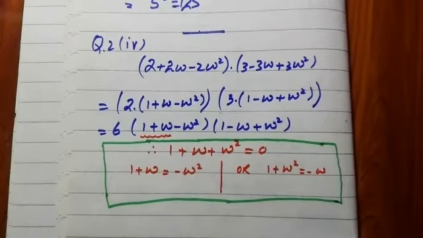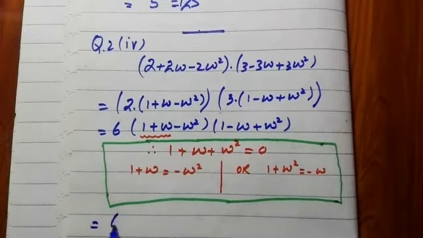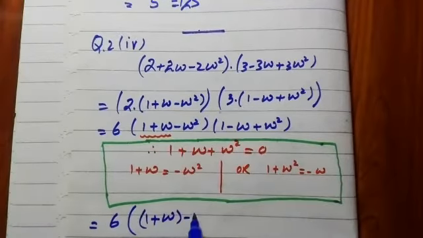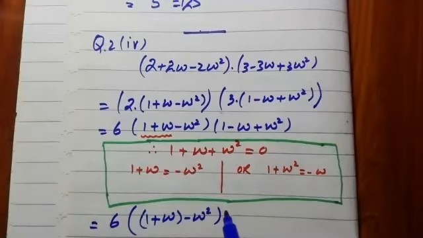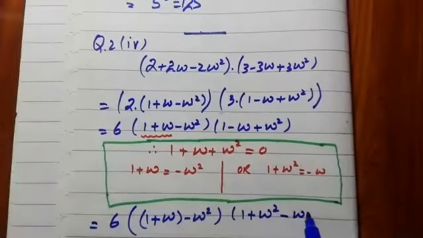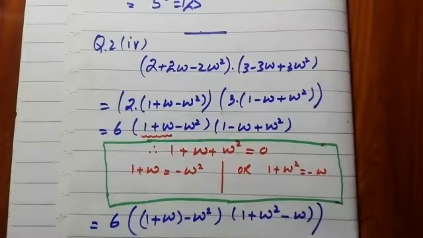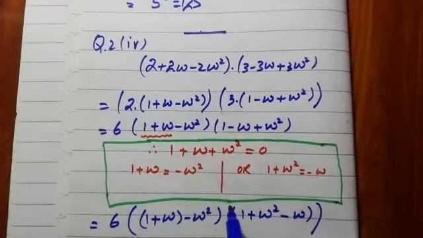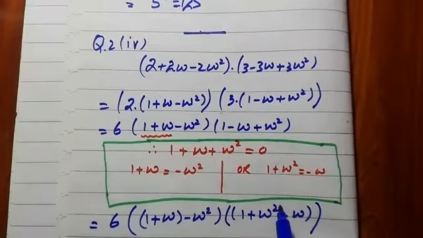So let me just rearrange first for a moment. If I write it like this, it will be 1 plus omega minus omega square, and in the second bracket I would write 1 plus omega square first and then minus omega, like this one. Now you are in a position to arrange the terms like this one. In the second bracket I have separated 1 plus omega square.